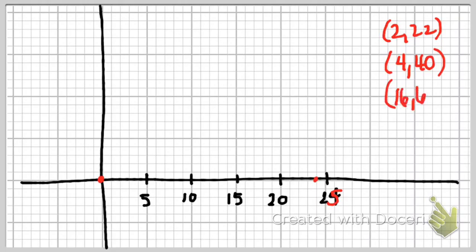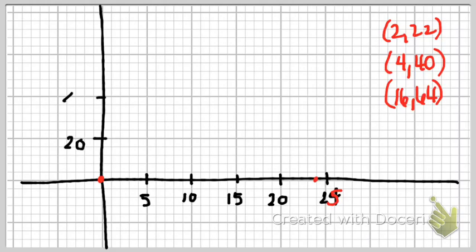So we're going to need to go at least up to 64, probably a little bit greater, because the maximum is going to occur at our vertex, which is halfway between 0 and 24, or at 12. Let's make our y-axis go up by 20s.